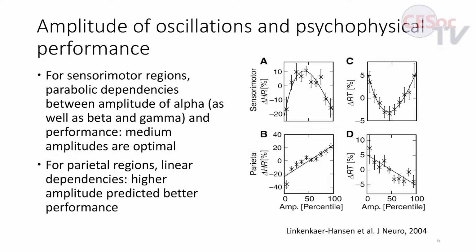And what was interesting is that in one brain area, parietal area, the relationship was linear. So the higher the amplitude, the better is performance, the smaller is reaction time. But for sensory motor region, the relationship was parabolic, or definitely non-linear. So only medium amplitudes were optimal for better performance.